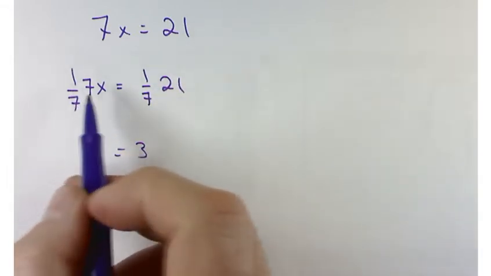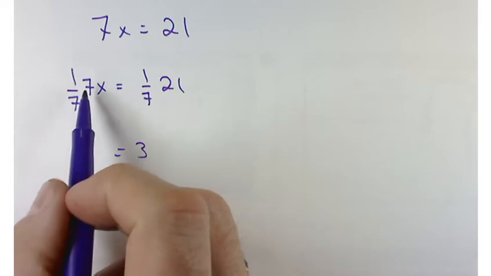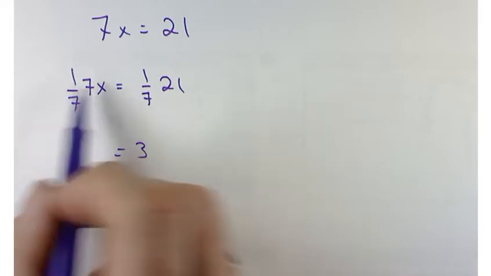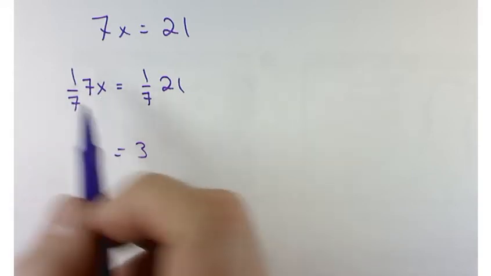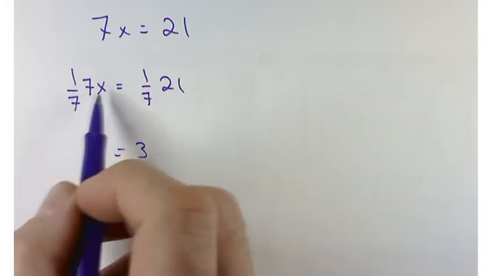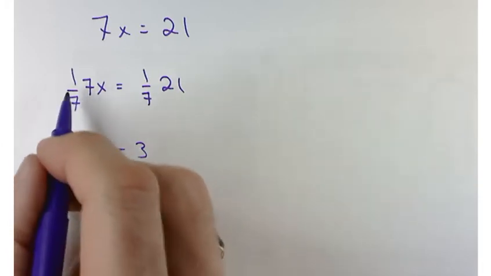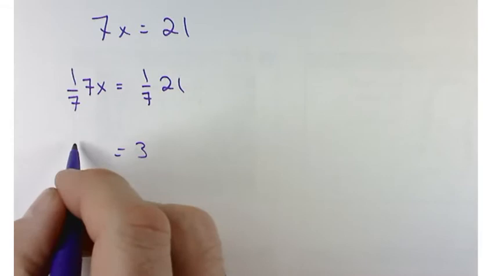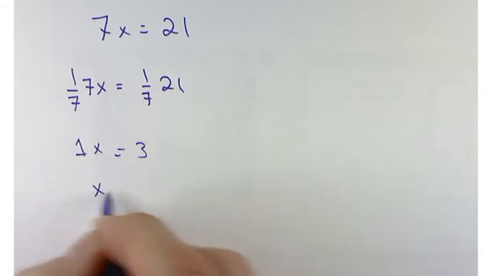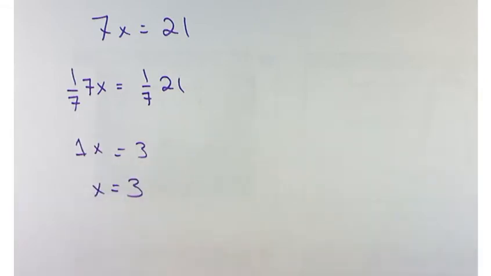But on the left-hand side, what I want you to see is you're multiplying something by its inverse, or by its reciprocal. Let's think of it as the inverse of 7. 1/7 times 7 gives me a 1. So 1 times x is just x. I got my solution. Wow, that seemed like a painful amount of work to solve a really simple linear equation.